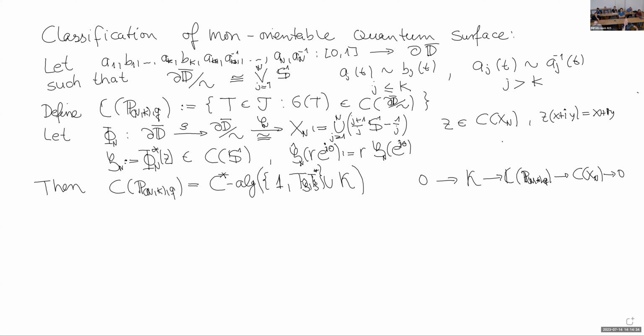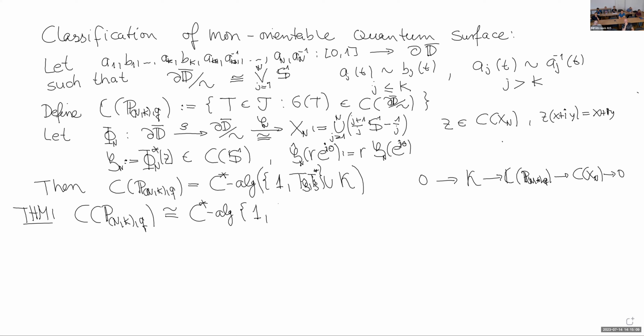So, well, the theorem will be: our quantum surface C, I give another generator, which is very concrete, is isomorphic to the C-star algebra generated by one essentially normal operator with the same essential spectrum.